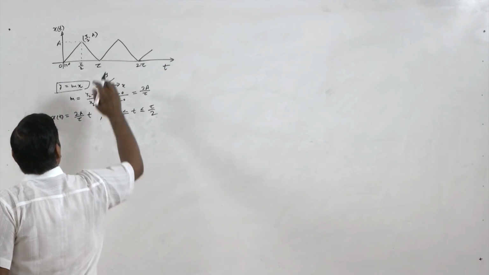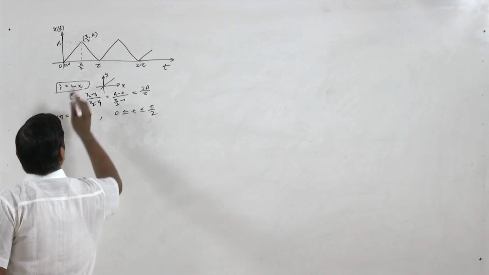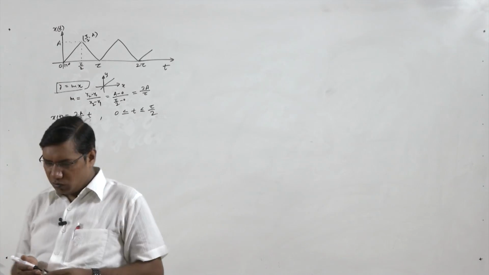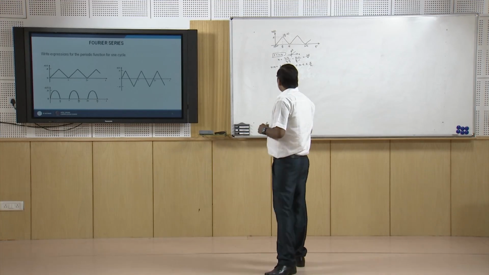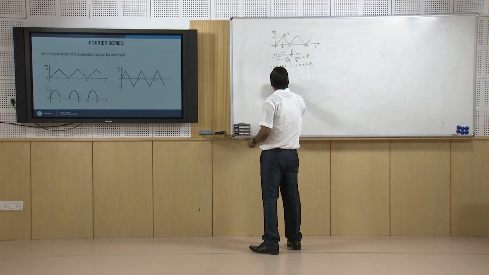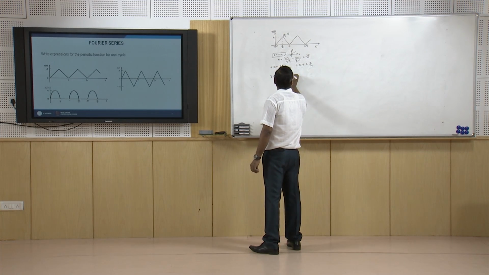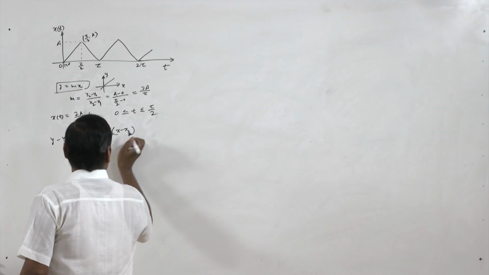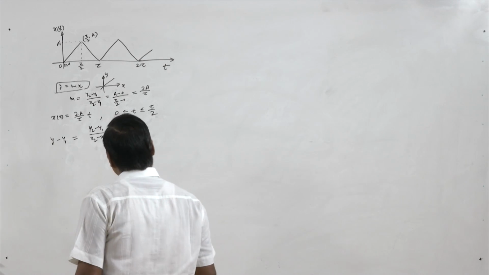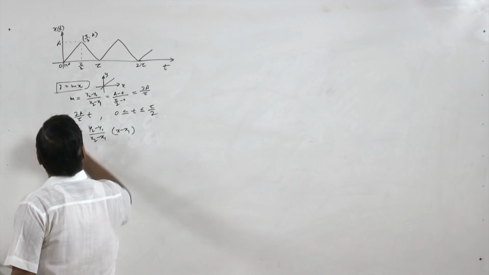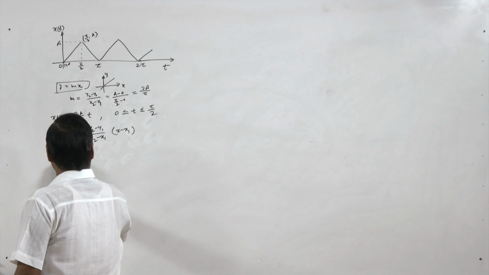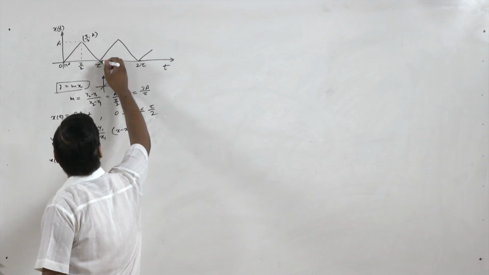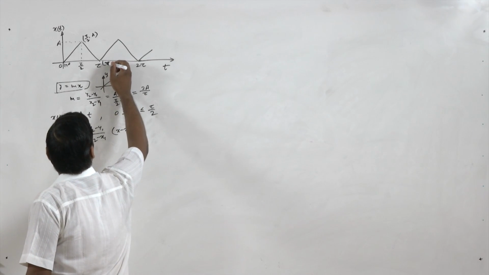equation we have to write in a similar way, but here, because this line is not passing through origin, we can use another equation, that is y minus y1 equal to (y2 minus y1) upon (x2 minus x1) into (x minus x1). So this equation of line we can use. So here y is x(t) minus, so again here we have tau and 0.